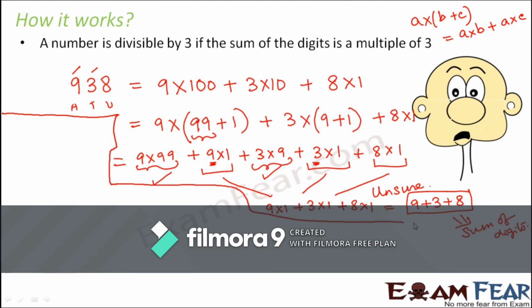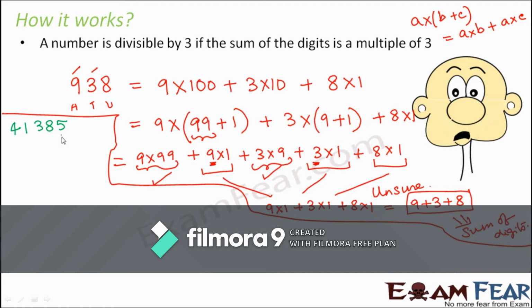Now let us try to prove the same thing using a comparatively bigger number. So let us suppose this time we consider a bigger number like 41385. So let's say that this is our number.